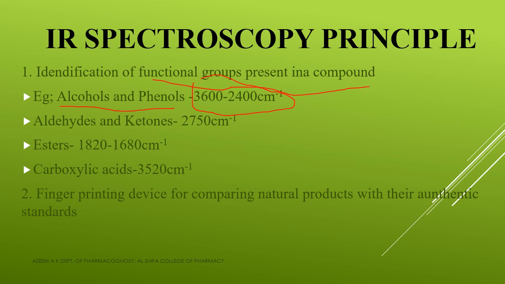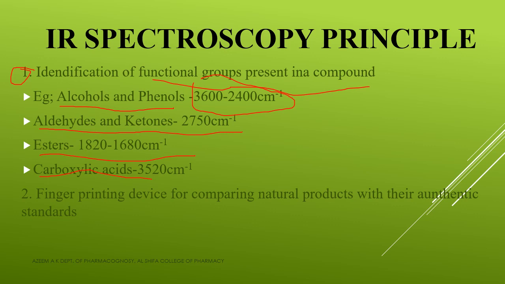Aldehydes and ketones will be showing bands at 2750 centimeter inverse. Esters will be showing peaks between 1820 to 1680 centimeter inverse. And carboxylic acids will be showing peaks at 3520 centimeter inverse.